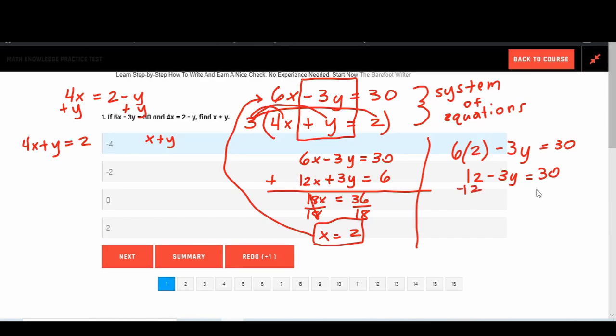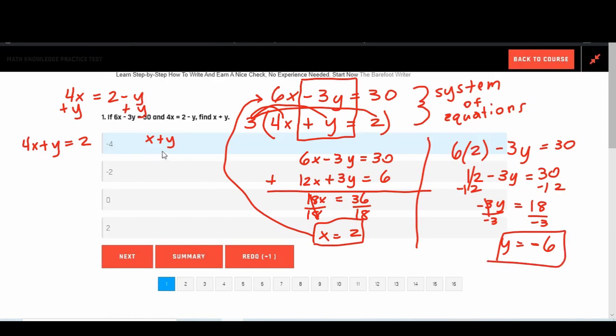Subtract 12 from both sides. This crosses out. We're left with negative 3y equals 30 minus 12, which is 18. Divide both sides by negative 3. This crosses out. We're left with y equals 18 divided by negative 3, which is negative 6.